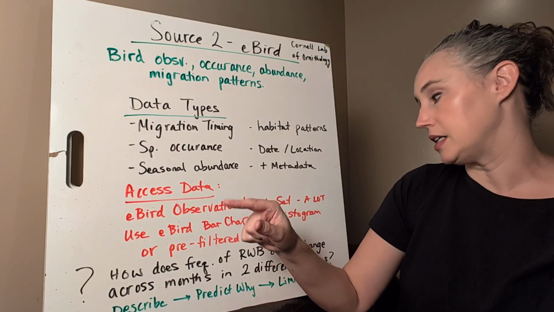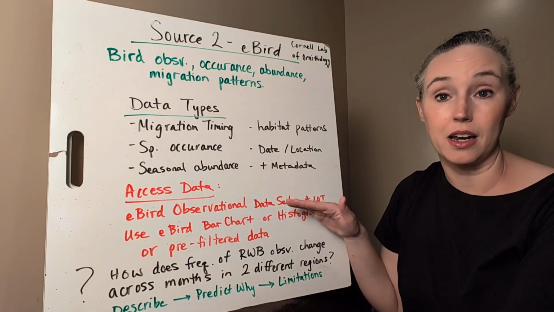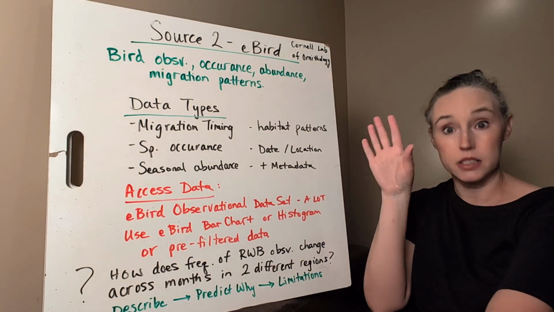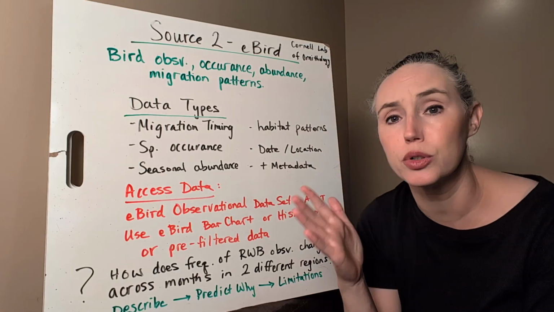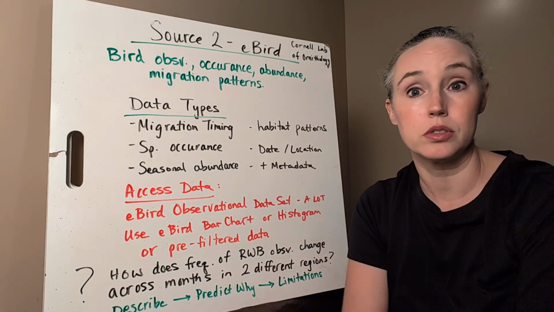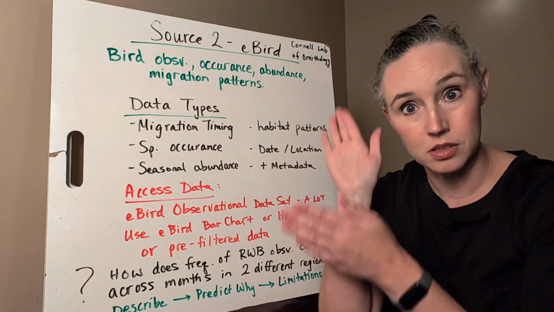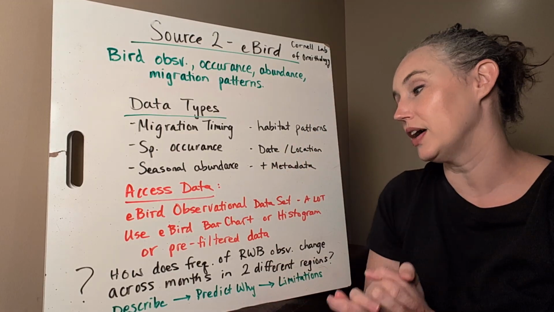To access the data, they'll need to go to the eBird observational data set. Now, this is a lot, so use your filters, teachers. You don't just want to throw students into millions of lines of data. That defeats the purpose of this activity, all right?